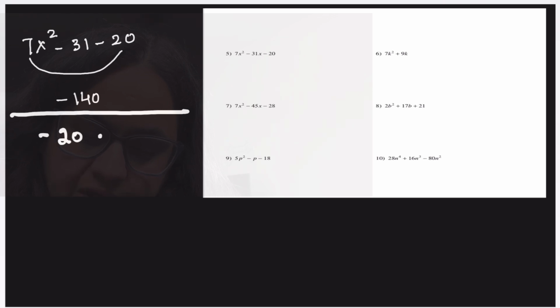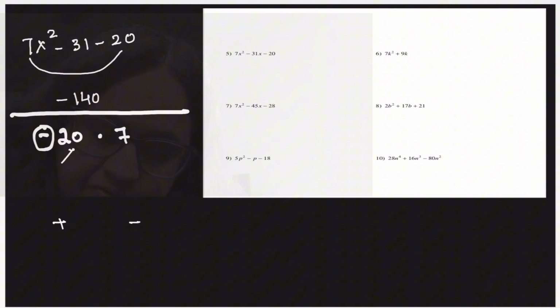So I can just write this as negative 20 times positive 7, and then I can find the factors of 20. So this negative sign just implies that your factors should be of the opposite sign. And why opposite sign? Because only if the factors are of opposite sign can you find a negative product.